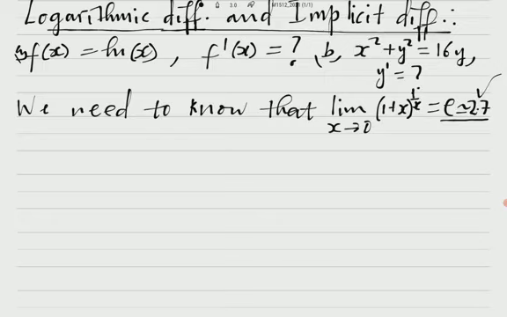Now, if you don't know these results, don't worry. Take your time, go back to the table, use the table and try to come up with this result to convince yourself that if you approach 0 from both sides, left and right, you are getting as close as possible to 2.71, which is the value of e. That's why we are saying as you approach that point, you get a value that is very close to e.